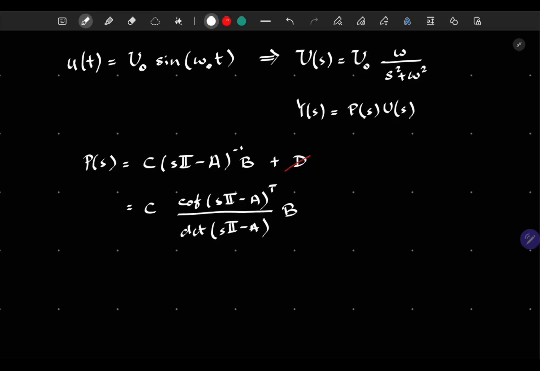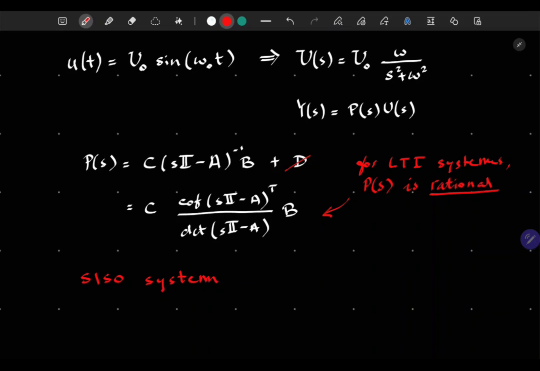So for all linear systems, the transfer function is a rational function, meaning that it's the ratio of polynomials of s, or possibly of matrices of polynomials at the numerator if you have more inputs or more outputs. And we can write this for a single input, single output system, which is a system for which we only have one output and one input, with n state variables.